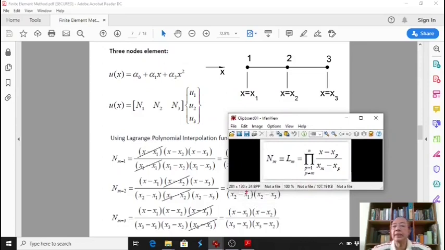We have 3 nodes: node 1, node 2, and node 3. At node 1 the position is x equal to x1, x equal to x2 at node 2, and x equal to x3 for node 3.